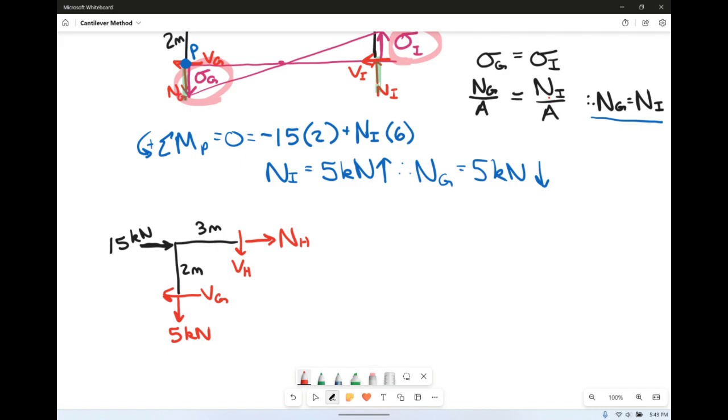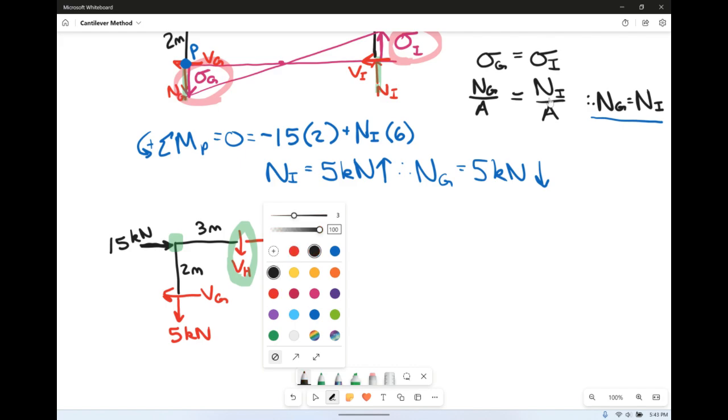We're going to try and make cuts at spots where there's 0 moments to then try and make another cut where we can isolate the internal moments at the corners. And if you recall from the portal method, the only guy we actually need to know is the shear at H. That's going to create the moment at the corner point over here, the corner in this being E.